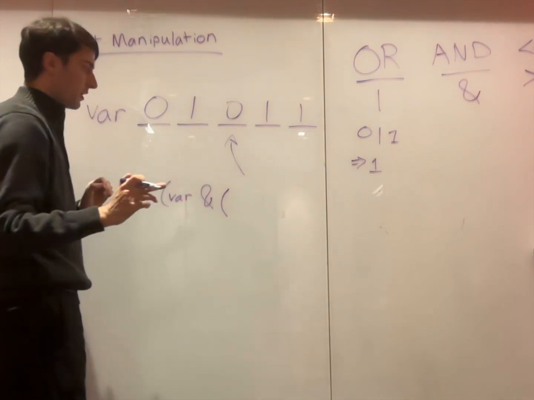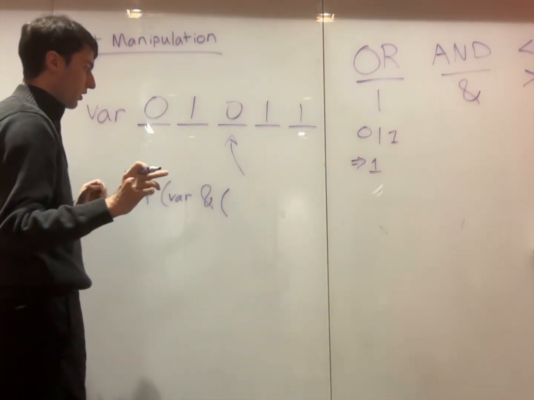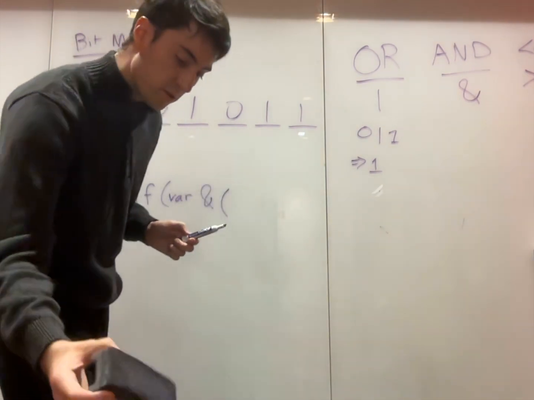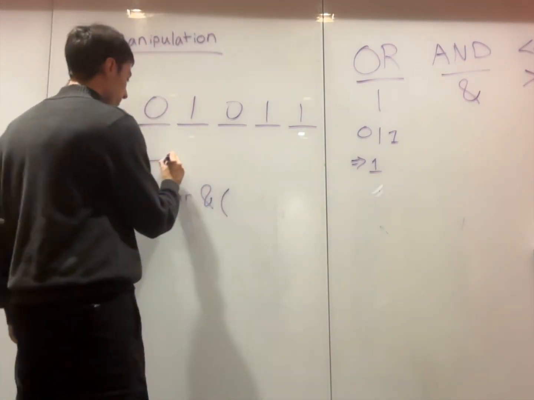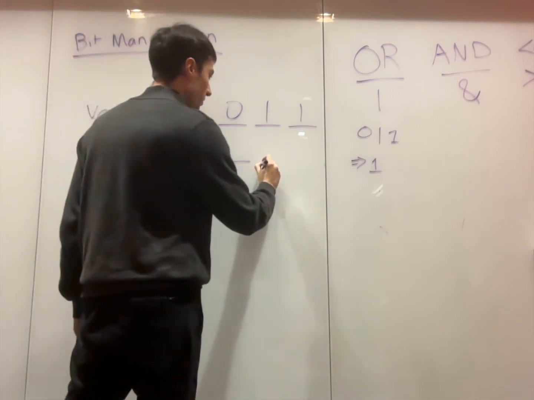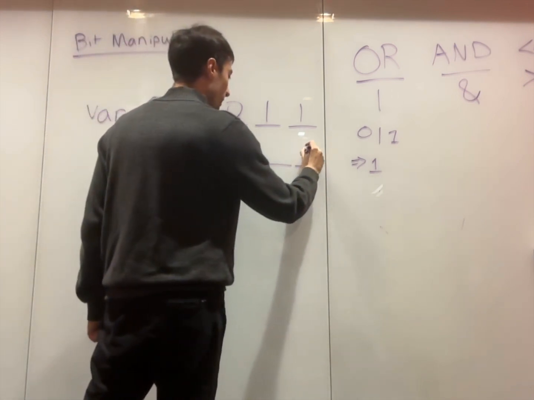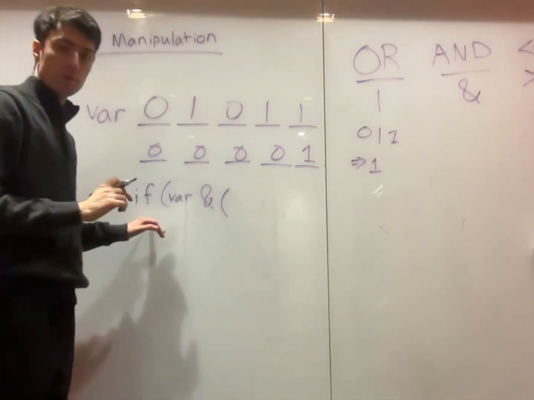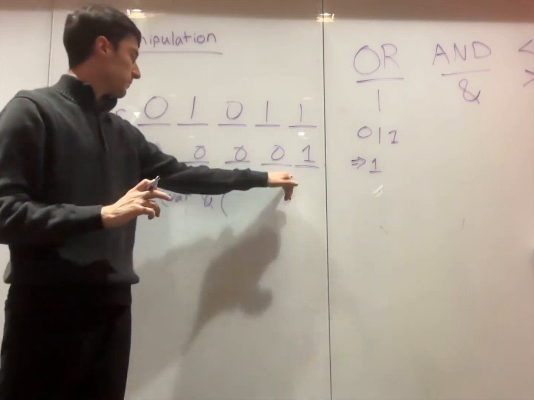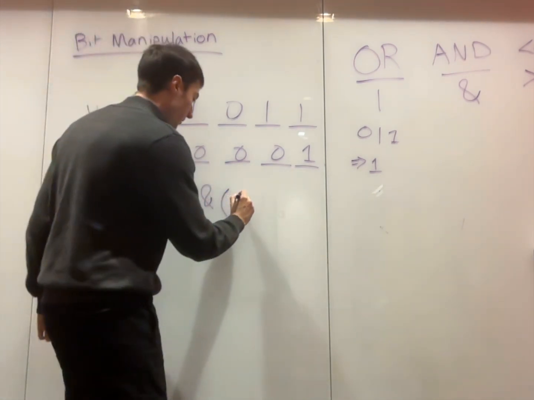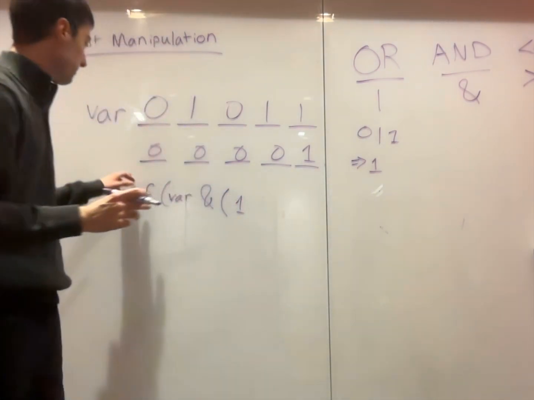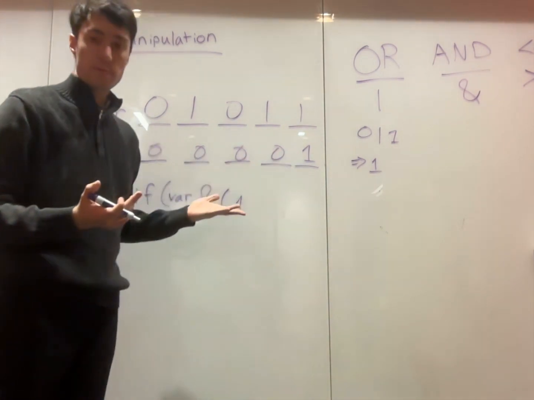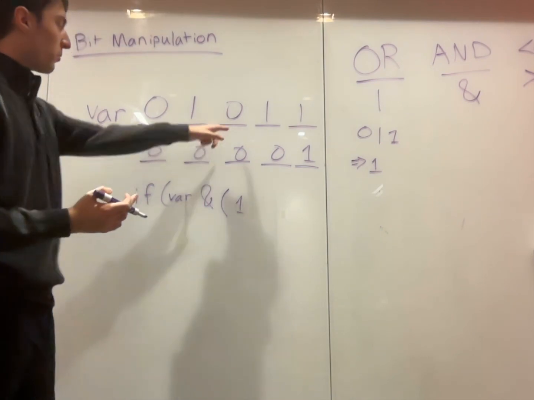Now I want to take another variable, and I want to create something like this: 0, 0, 0, 0, and then a 1, 0, 0, 0, 0. This is what I want. I'm just going to do a 1 right there. But I want to isolate this place.